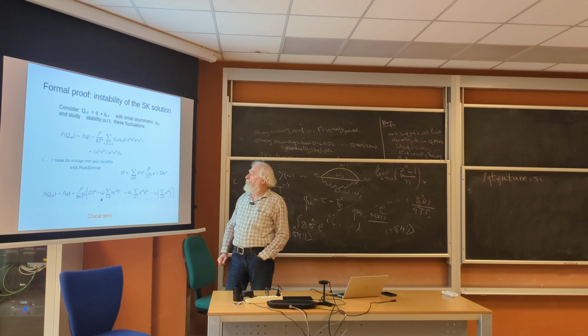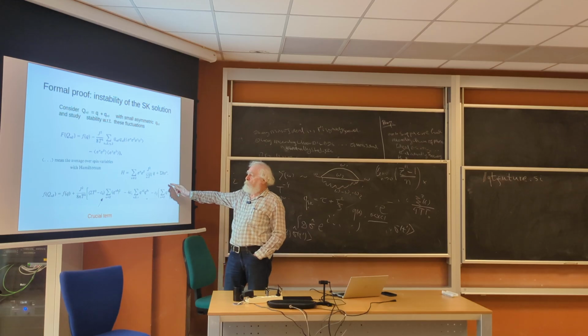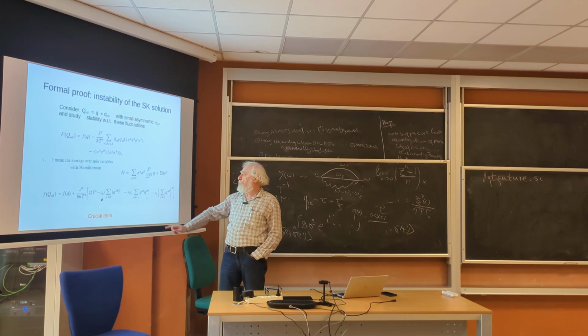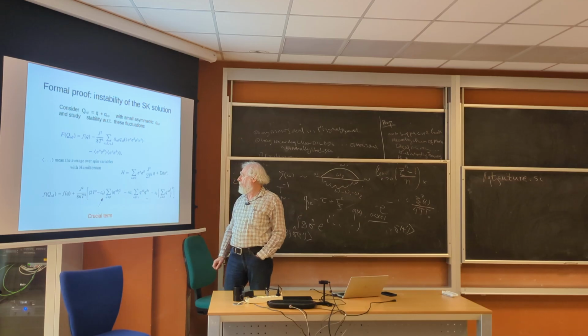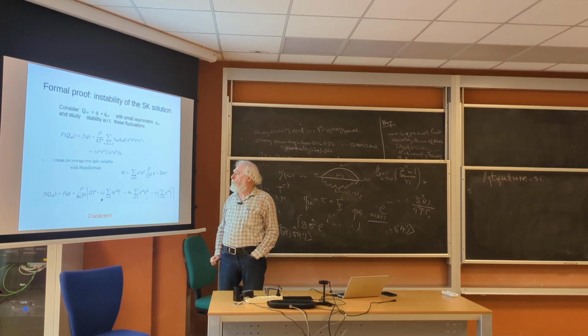Okay, we need to take the average with the same Hamiltonian. Now, there are three different types of quadratic terms in terms of this Q alpha beta: 1, 2, 3.